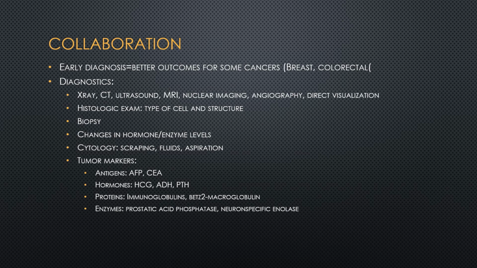Collaboration: early diagnosis means better outcomes for some cancers, such as breast, colorectal, and testicular cancer. Diagnostics, we talked about all of these in cellular regulation, so I'm not going to get into all of these, but there are tumor markers as well that include antigens, hormones, proteins, and enzymes.